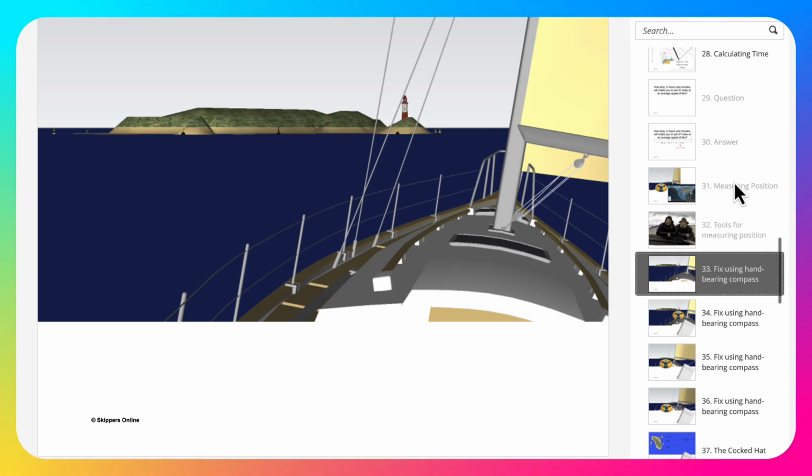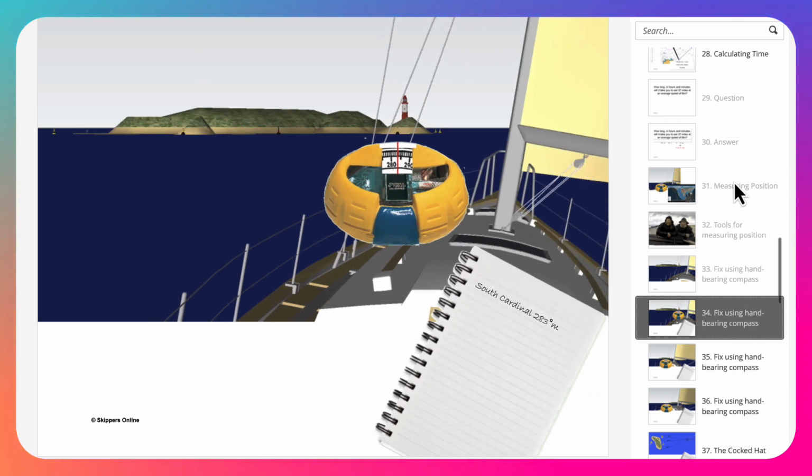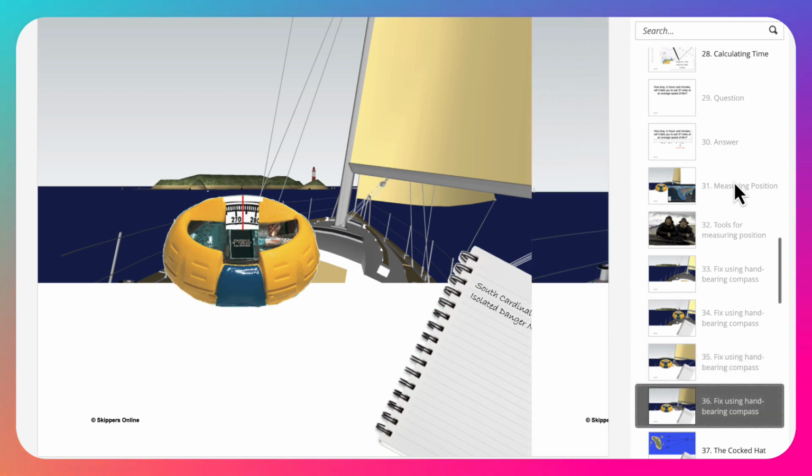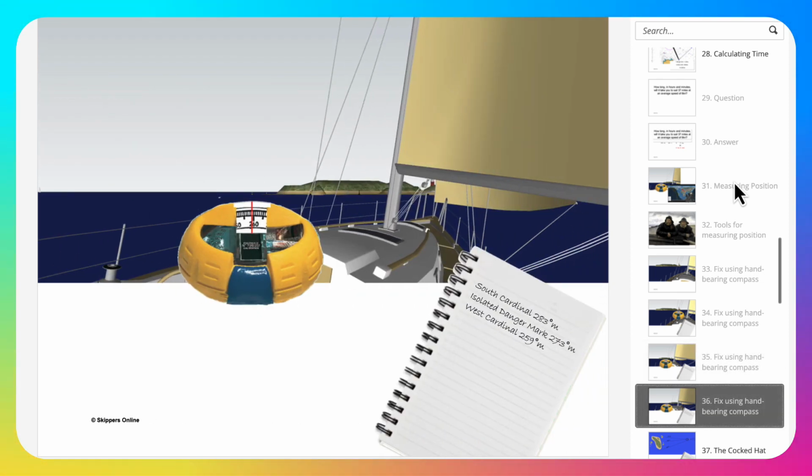Imagine we are approaching this island and wish to find out how far off we are. We can take 3 bearings. There's a south cardinal on 283 degrees magnetic, an isolated danger mark on 273 degrees magnetic, and a west cardinal on 259 degrees magnetic.